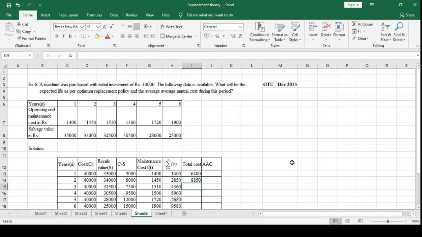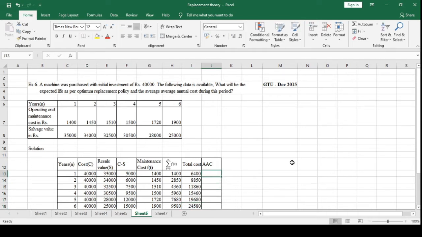We do the same for the next rows: the third is 11860, the fourth is 15460, the fifth is 19680, and for the last year 24580.